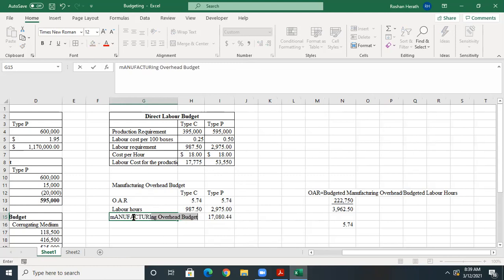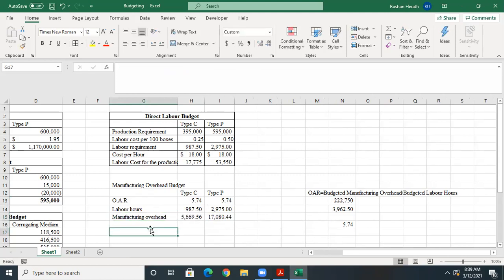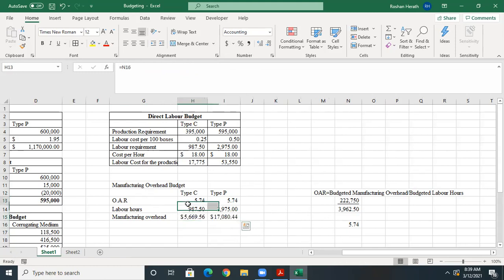So that's how it gets divided. Fine. So we managed to get the manufacturing overhead.